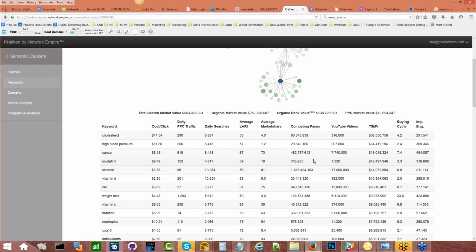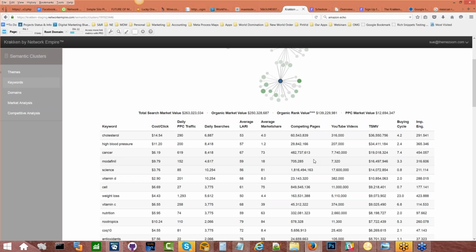But the idea that I'm trying to show with important engagement is that these are keywords that people also search for and they're also bidding on. So the higher the search volume, the more people are bidding on, the more videos there are, the more important engagement there is. Because this is market analysis, right?